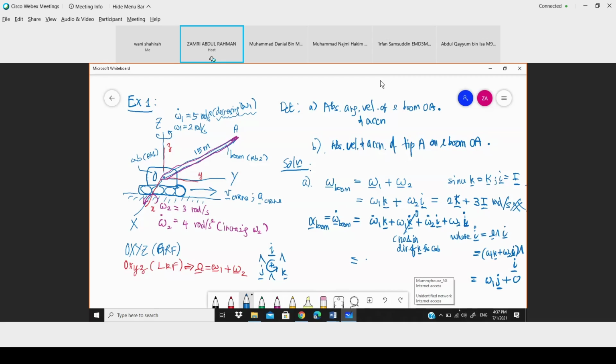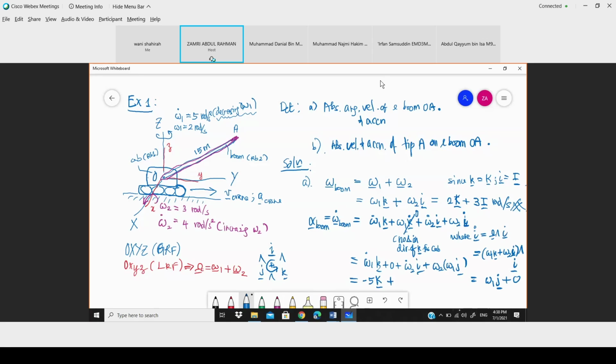So I'm going to have omega 1 dot k plus 0 plus omega 2 dot I plus omega 2 times omega 1 j. Now let us put in numbers. Omega 1 dot is going to be negative 5, so you have negative 5 capital K. Now you can use the global coordinates straight away.